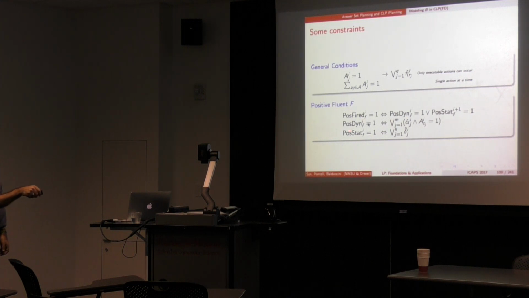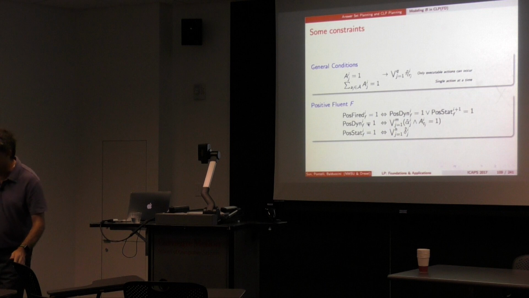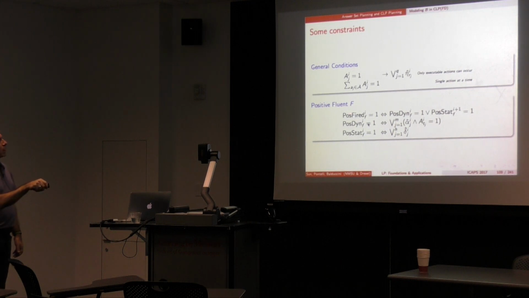When does that happen? Let me backtrack. So post-fired_i means that we're actually making the fluent true. So when do we make the fluent true? Either if we perform an action that makes it true, or if there is a static causal law that makes it true. So either we are actually firing at time i an action that makes it true, or at time i plus 1, which means my destination, there is a static causal law that makes that fluent true.